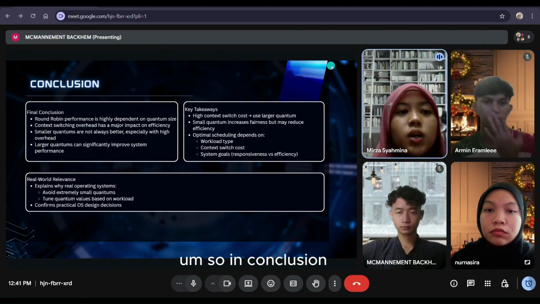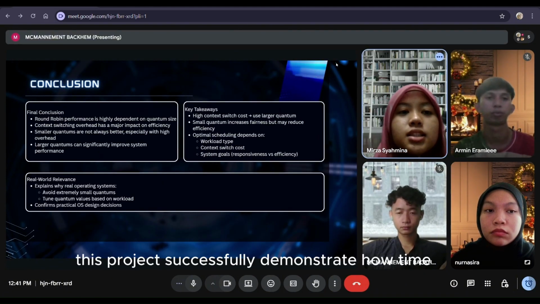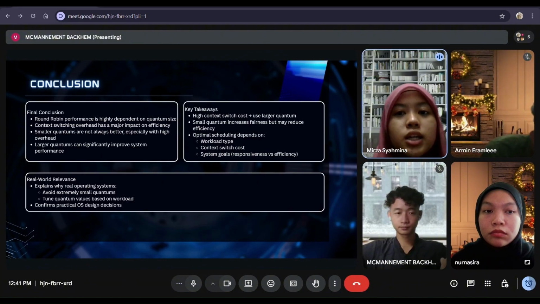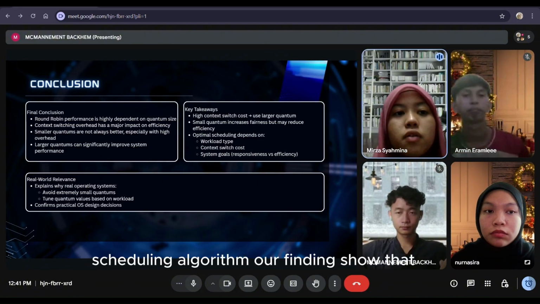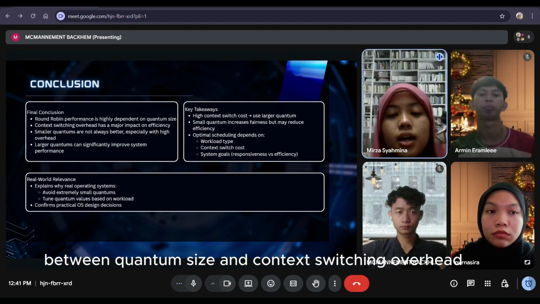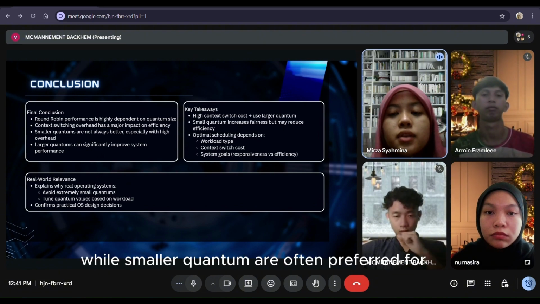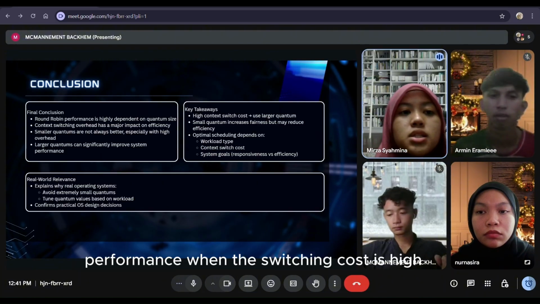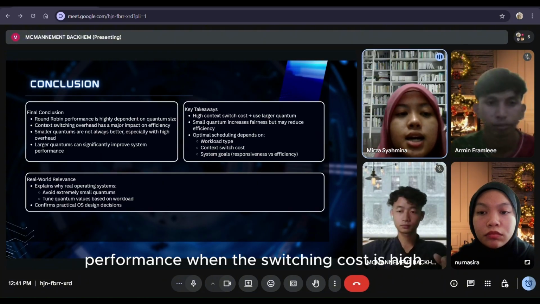So in conclusion, this project successfully demonstrates how time quantum size affects the performance of the round-robin scheduling algorithm. Our findings show that round-robin efficiency is highly dependent on the balance between quantum size and context switching overhead. While smaller quantums are often preferred for responsiveness, they can significantly degrade performance when the switching cost is high.